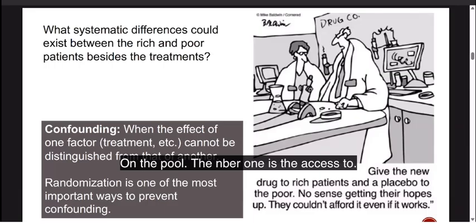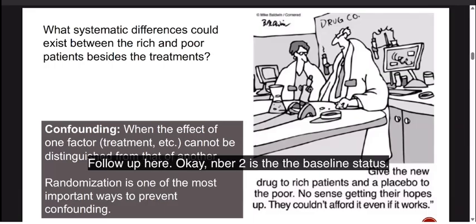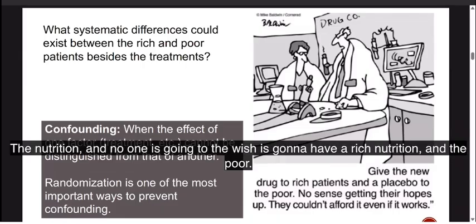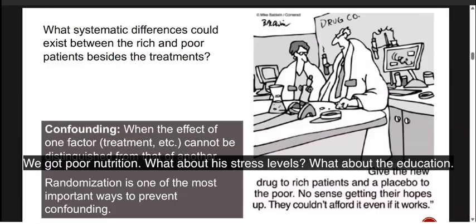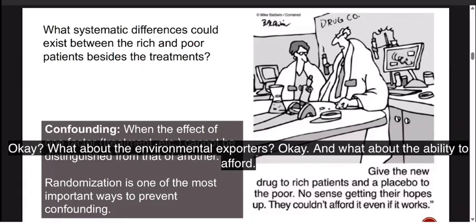Number one is access to follow-up care. Number two is the baseline health status, the nutrition. I know the rich are going to have rich nutrition and the poor, we've got poor nutrition. What about the stress levels? What about the education? What about the environmental exposures?